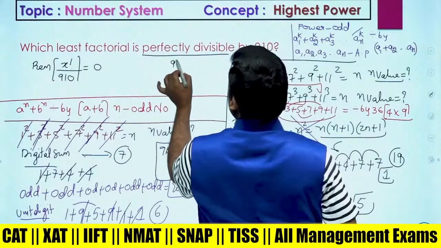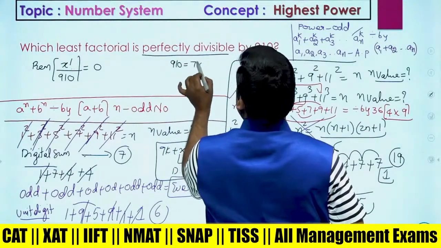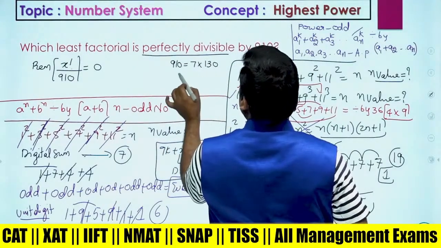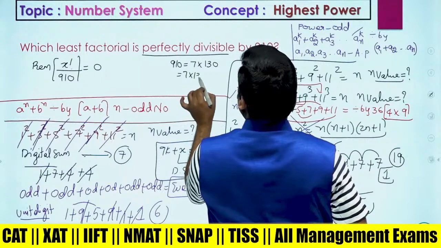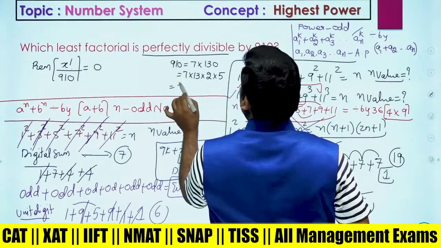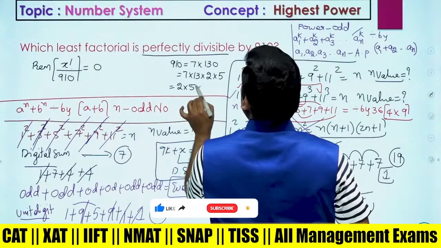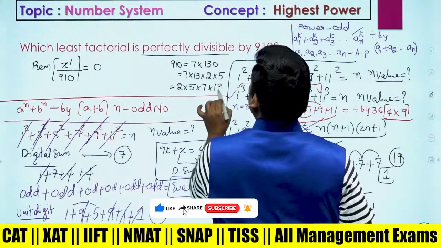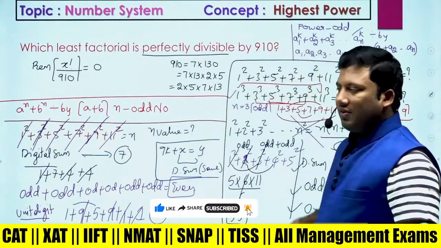First, factorize 9, 10. 91 is 7 into 13. 10 is 2 into 5. So if I write it in ascending order, 2 into 5 into 7 into 13.